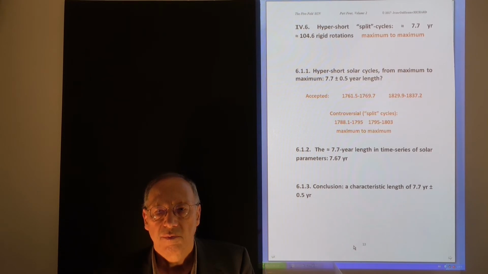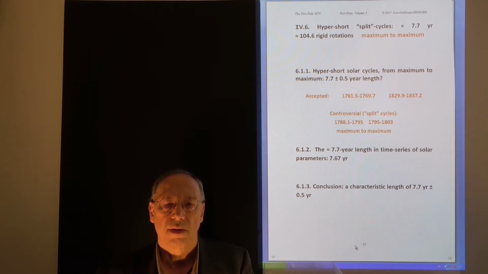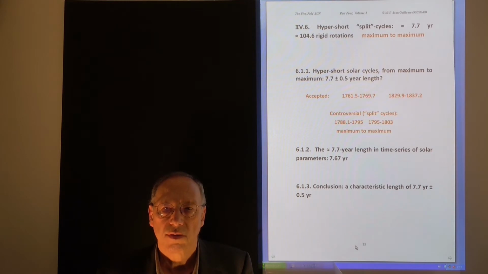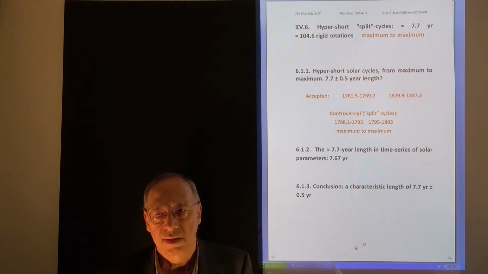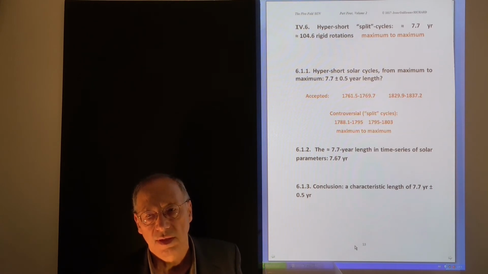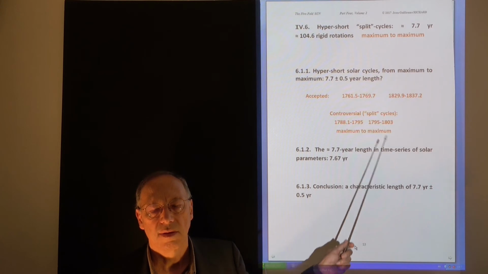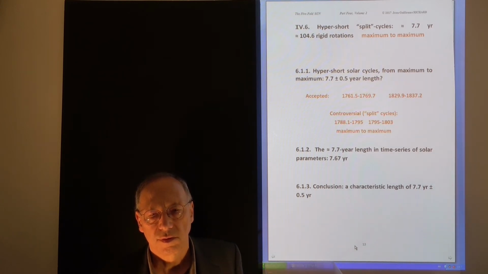We have perhaps here ground to invoke a new notion of hyper-short cycles. The hyper-short cycles of a length of slightly less than 8 years would be, for instance, the 2 cycles that are proposed by several authors to split the cycle number 4.